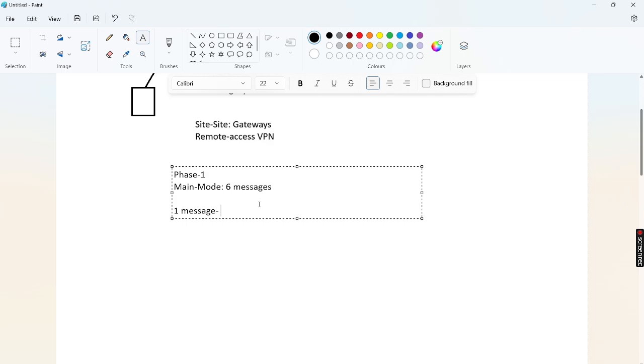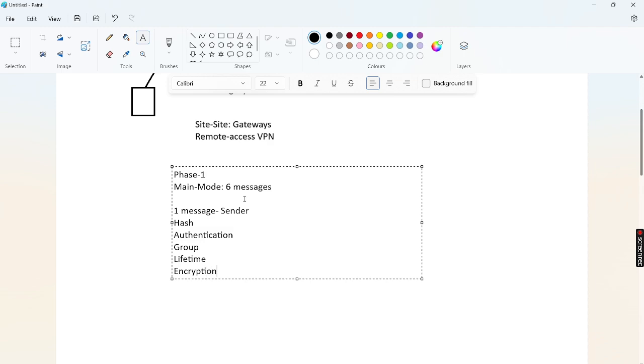The first message is from the sender. From the sender, the first message will be sent to the receiver. In the first message, as we discussed, it will negotiate the parameters. What are the parameters we have? Hashing algorithm, authentication, group, lifetime, and encryption. These are the parameters that will be exchanged. We can call these parameters a security association.